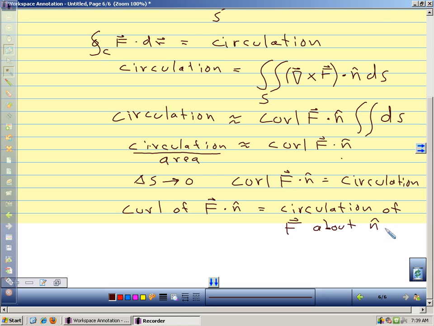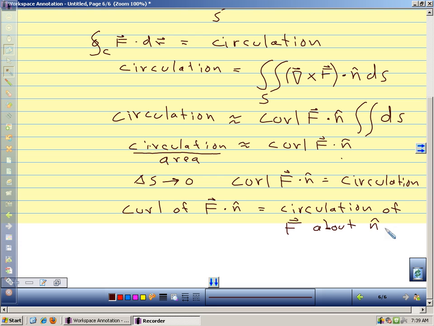So if we take the dot product of the normal component of the curl with our normal vector at that point, that tells us the circulation of our field about that normal vector. So the curl tells us the tendency of the field to cause a circulation about a point.